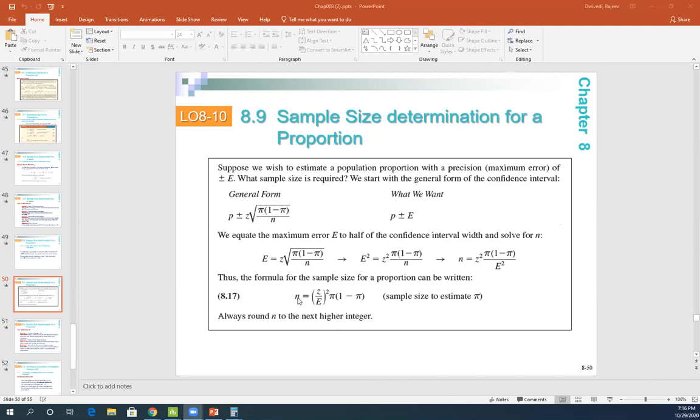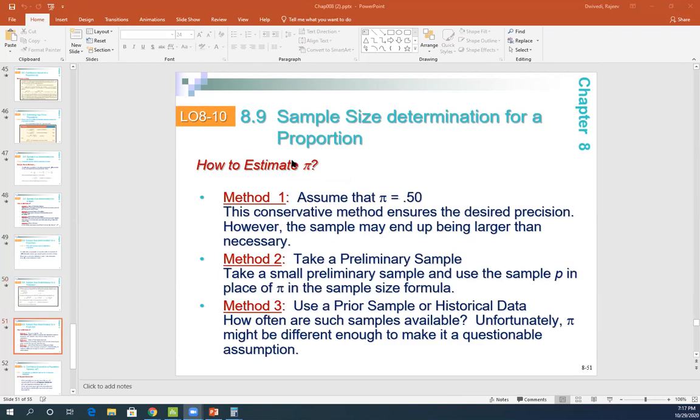So for proportion, n equals z over e, squared, times pi times 1 minus pi. This is the formula. And always round to the next highest integer. How to estimate pi? Normally 50-50%, this is the assumption people make for pi.